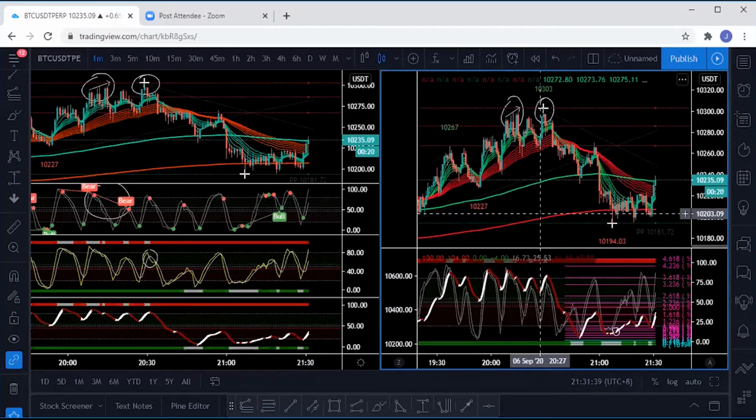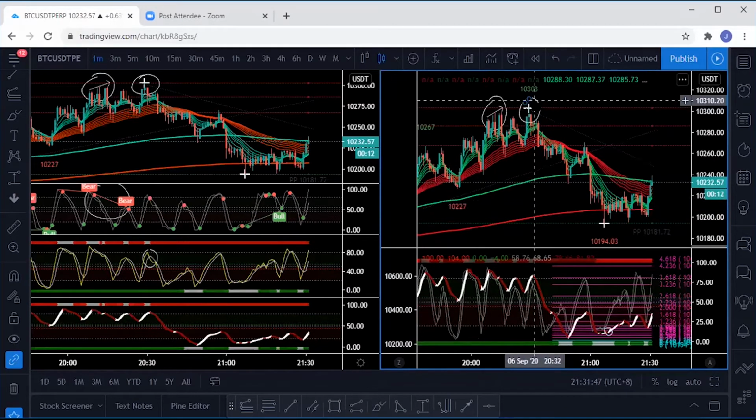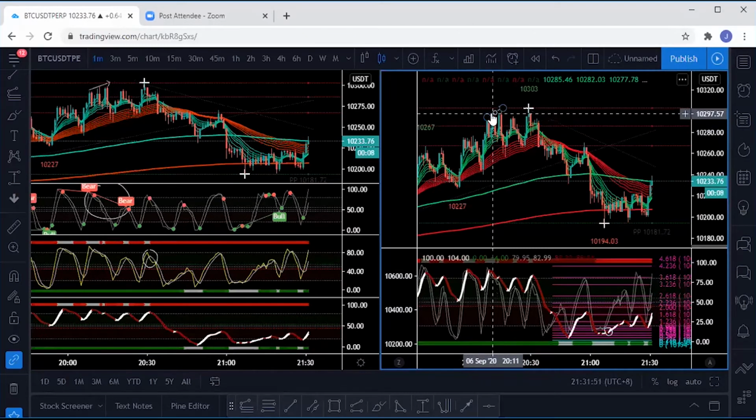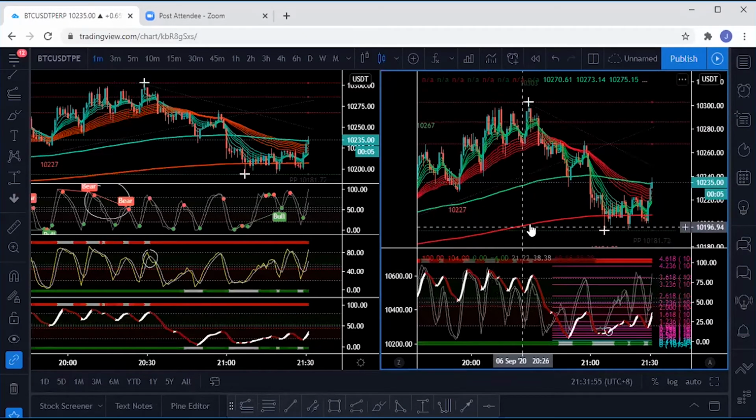You need to diversify your funds. And in 15 minutes, when you have a good divergence, you can actually trade your 15 minutes, disregard your 1 minute, for a better chance of higher gain.